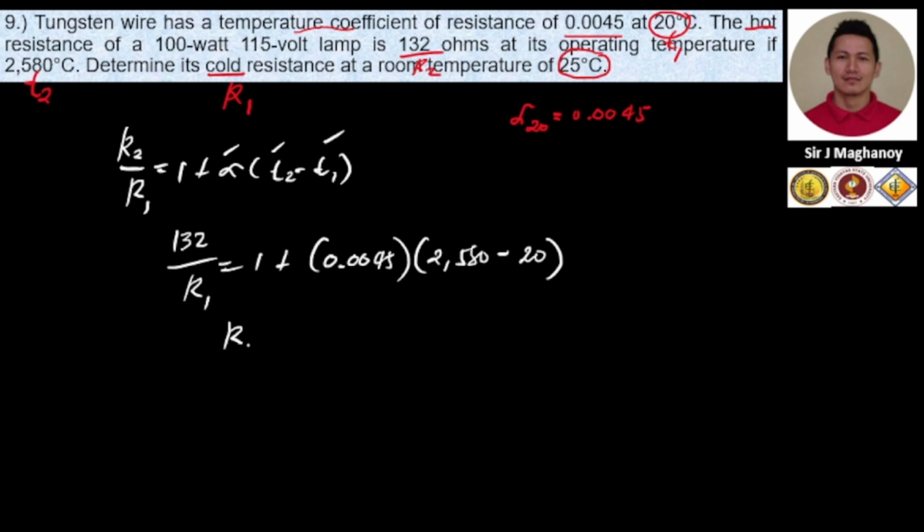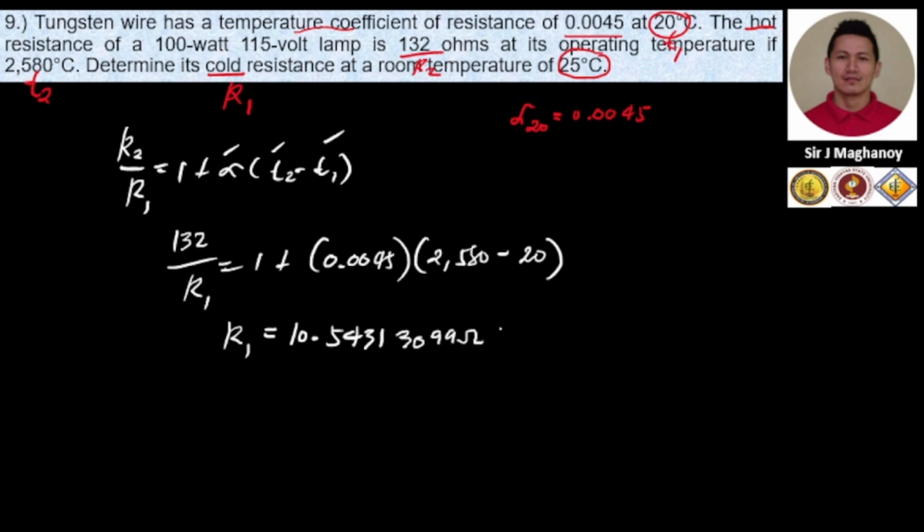Solving for R1, R1 is equal to 10.54313099 ohms. This is our initial resistance.